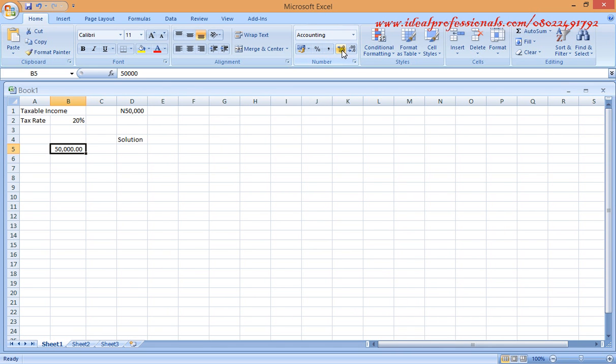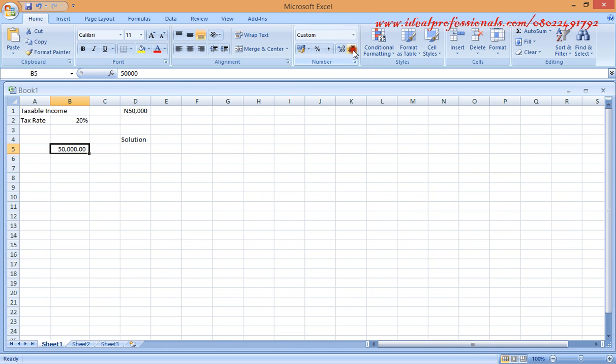Let's put a comma and reduce the indent. So 20% of 50,000, we can now say this place is equal to 20% multiplied by 50,000. That will be 10,000.